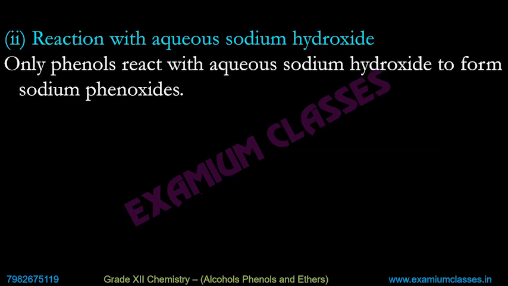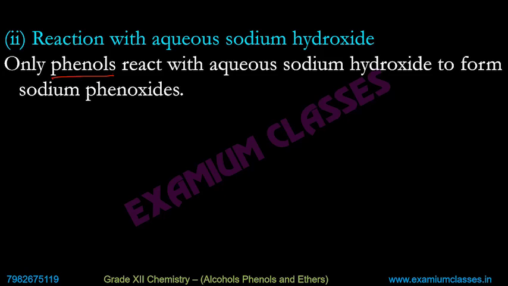The second one is reaction with aqueous sodium hydroxide, only phenols. With metals, sodium, potassium, aluminium, both aliphatic alcohols and phenols react. But with aqueous sodium hydroxide, only phenols react to form sodium phenoxide.